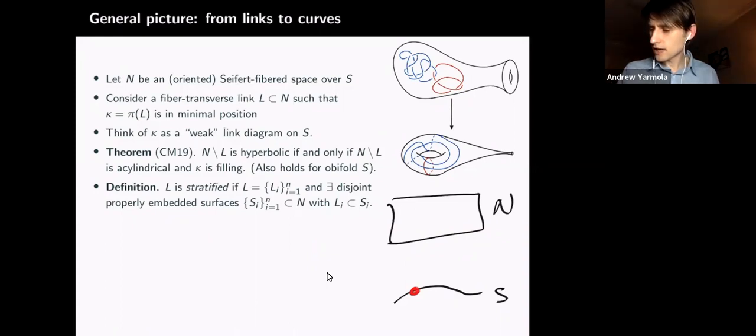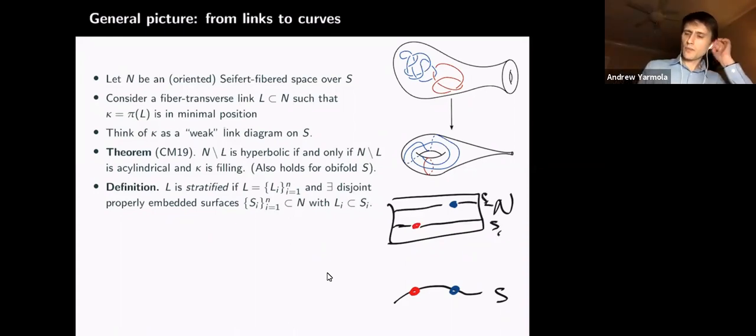So this is a very algebraic geometric picture. And we're going to think about these lifts up here. And what we want is surfaces where one chunk lives and another chunk lives. So this is S1 and this is S2. And so the stratification is something where that's possible.